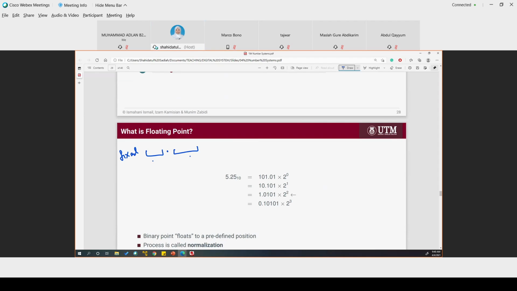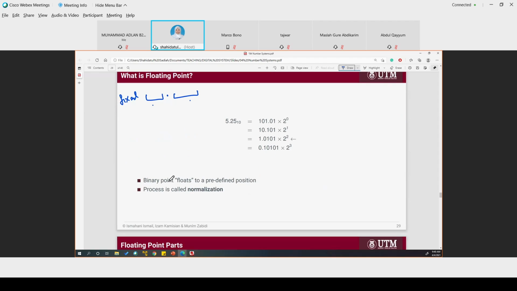Floating point means it can be any number, and the point can be moved, can be float. Can be float to left or right. So that is floating point. Means the binary point floats to the predefined position. And this process is called the normalization.